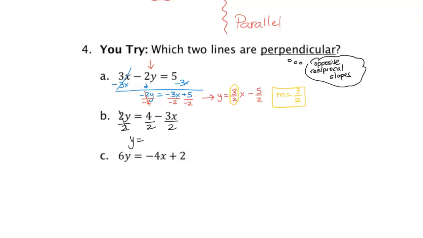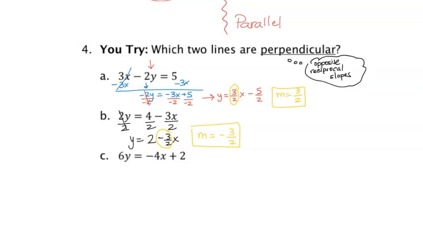And so y equals 4 divided by 2 is 2, negative 3/2. And then our x. Here, our slope is the number being multiplied by x. So m equals negative 3/2.